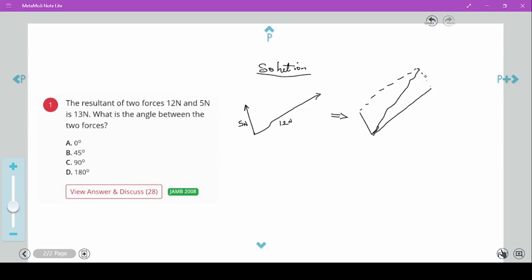That is the idea. Now that we've established this concept, if here is 5 Newton, here would also be 5 Newton, due to the fact that opposite sides of a parallelogram are equal. Sorry about that.